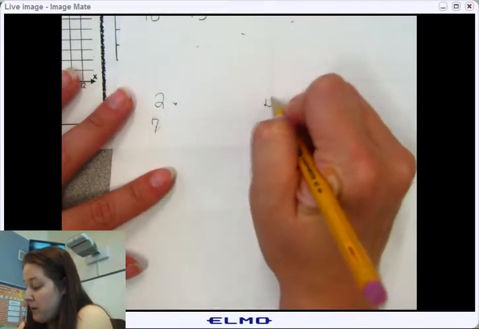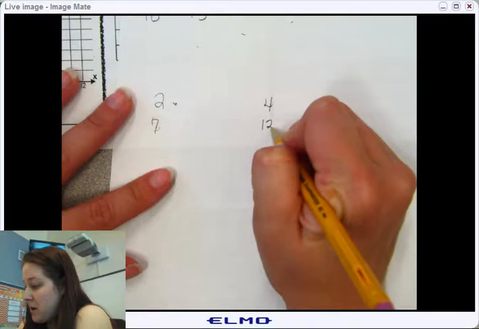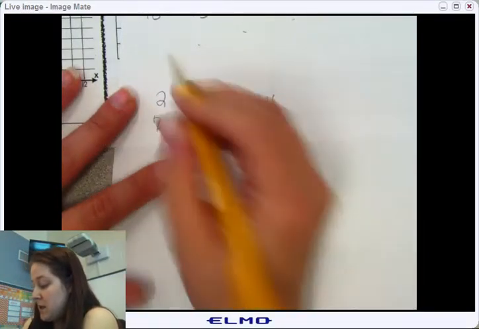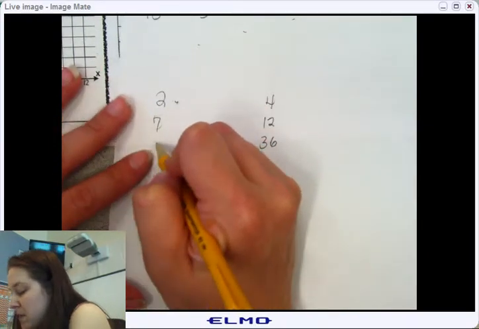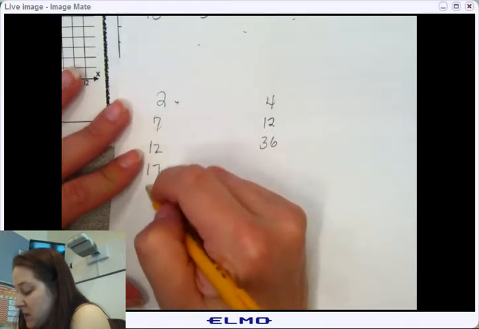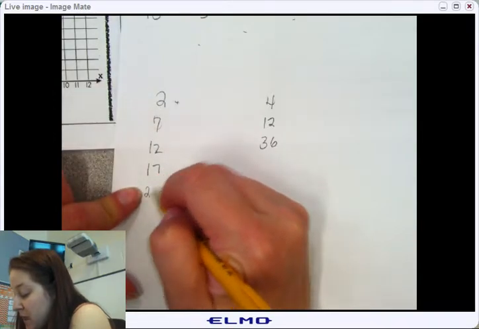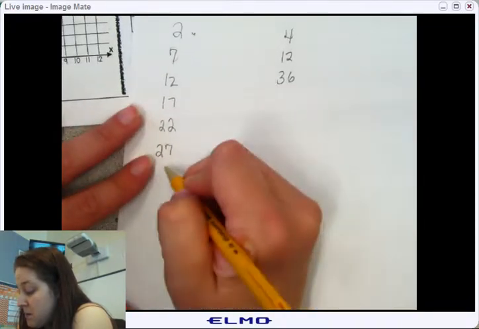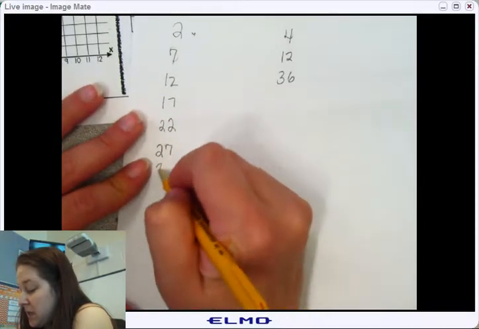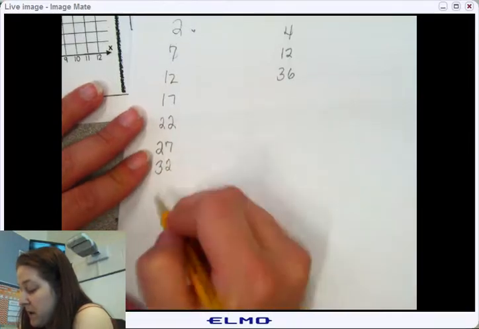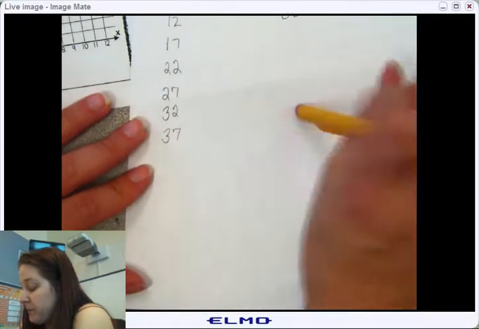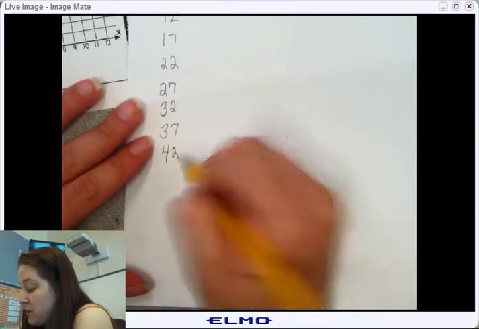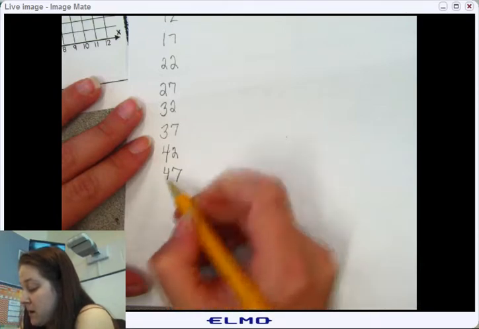Okay, so this is 4, then times 3 is 12, times 3 is 36. 5 plus 5 equals 12, plus 5, 17, plus 5 equals 22, plus 5 equals 27, plus 5 equals 32, plus 5 equals 37, 42, 47.